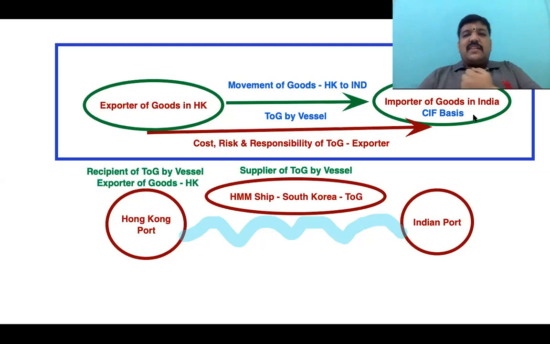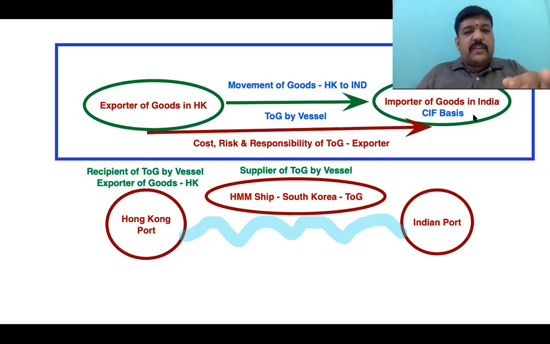I'm sorry, sir, the receipt is in my name. Let the receipt be in your name. Technically, if you go by the logic of the recipient definition, the recipient is somebody else. Then who am I, sir, sitting here and listening to you? The beneficiary to the transaction. Here, the supplier is the HMM ship located in South Korea, who is going to transport the goods from Hong Kong to India.